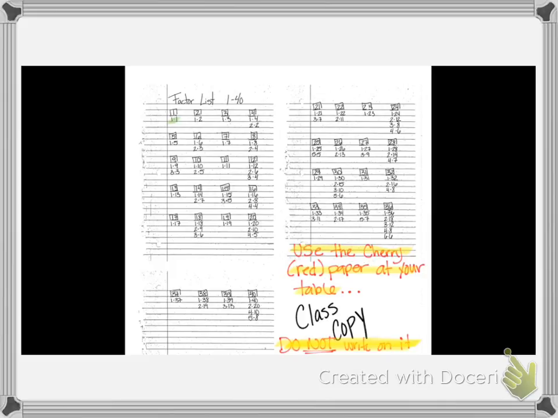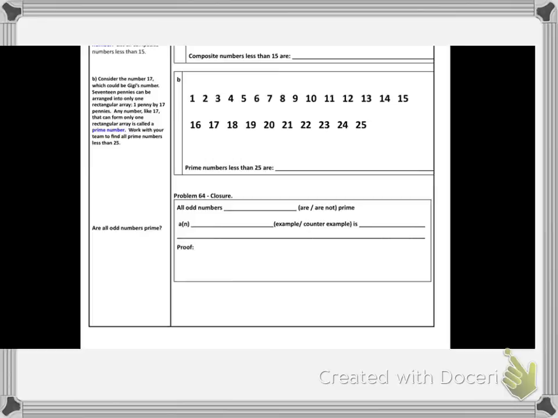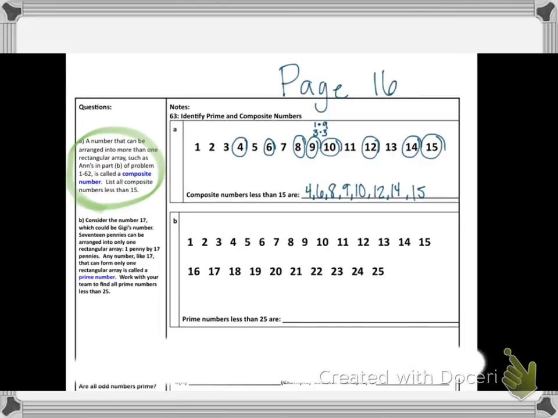So when we go ahead and look at this, 2 is a number we're going to circle. It's prime. The only way to get there is 1 times 2. 3 is a prime number. The only way to get there is 1 times 3. 4 is not. 5 is. Again, you can look at your cherry sheet to make these choices. 6 has 2 different rectangular arrays. 7 only has 1.